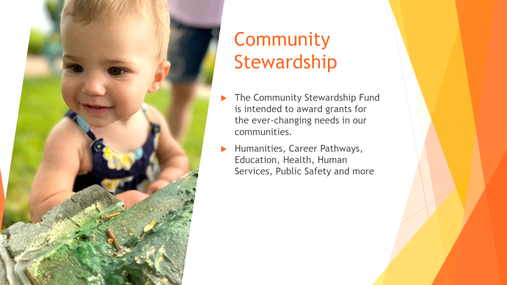Now let's dive a bit into each of the grant opportunities in the fall grant cycle. First, we have the Community Stewardship Fund. This is intended to award grants for the ever-changing needs in our community. This includes humanities, career pathways, education, health and human services, public safety, and more. A full list of eligible categories is included in the grant guidelines.